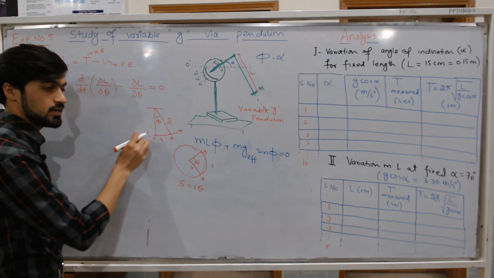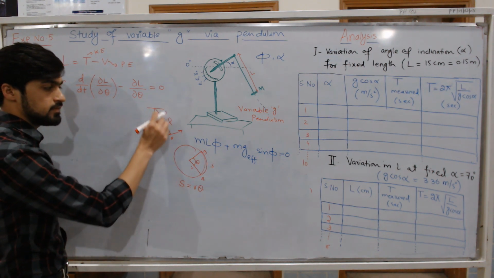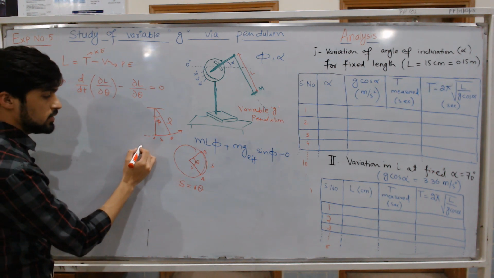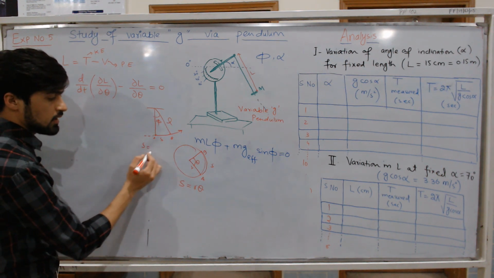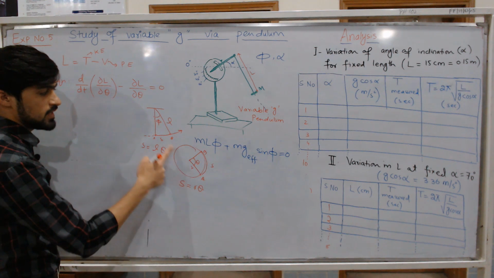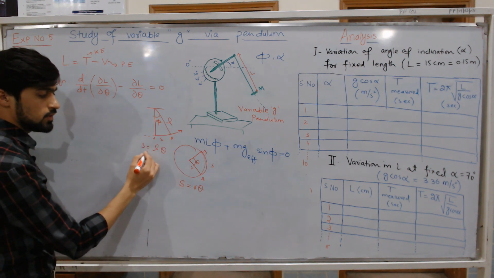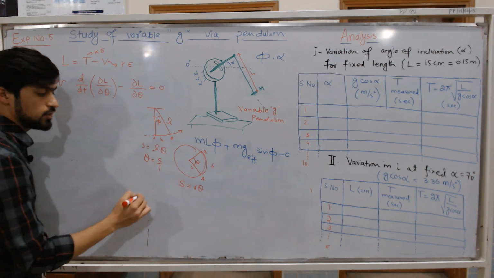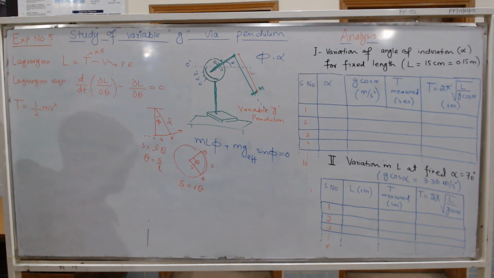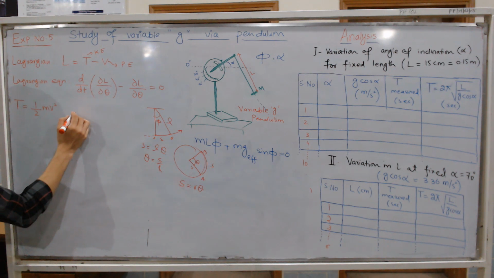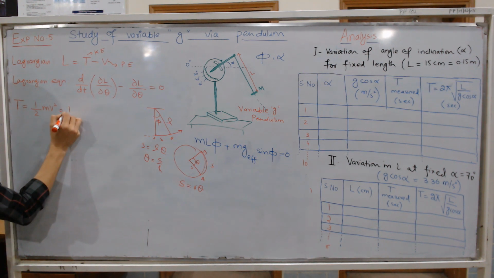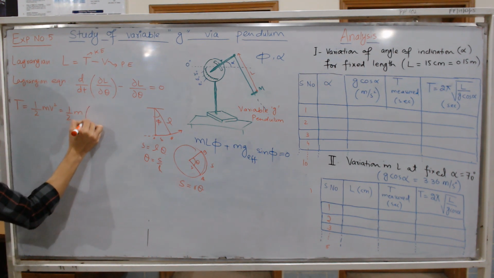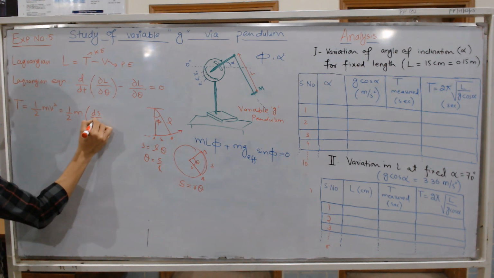So it subtends an arc S, and the length is L. The relation will be S is equal to L theta, replacing R by L. So S is equal to L theta, and theta is equal to S by L. You can shift it according to your need. Now velocity is ds by dt, and half mv square can be written in terms of that.